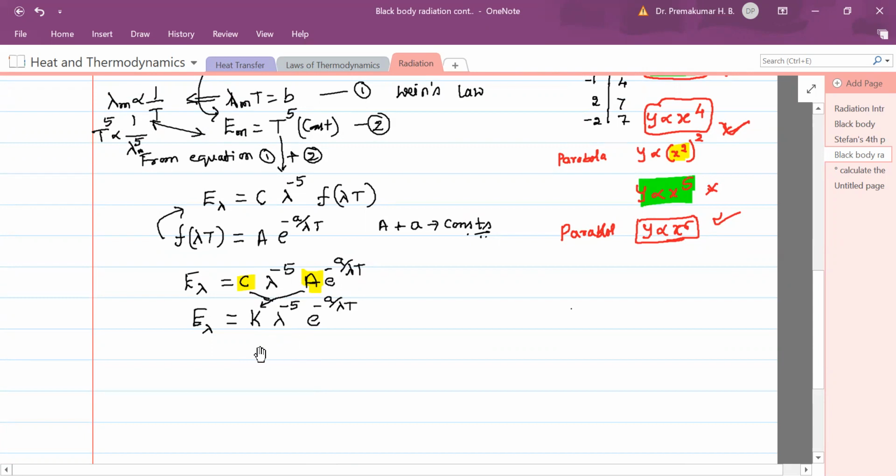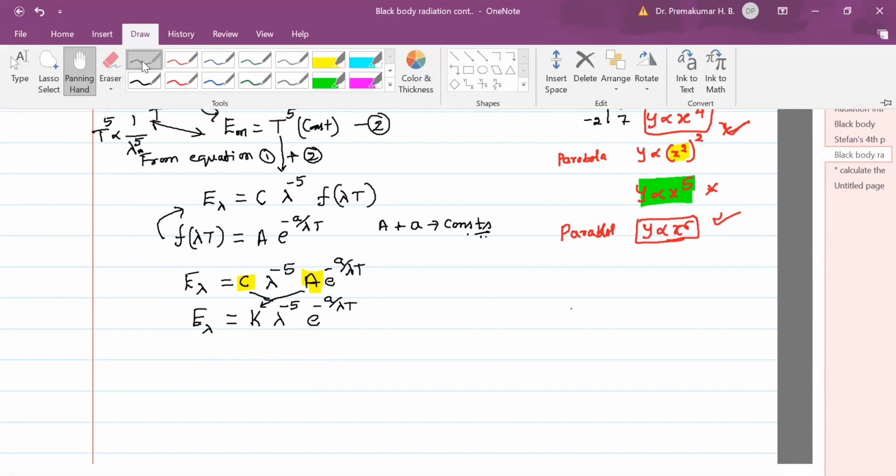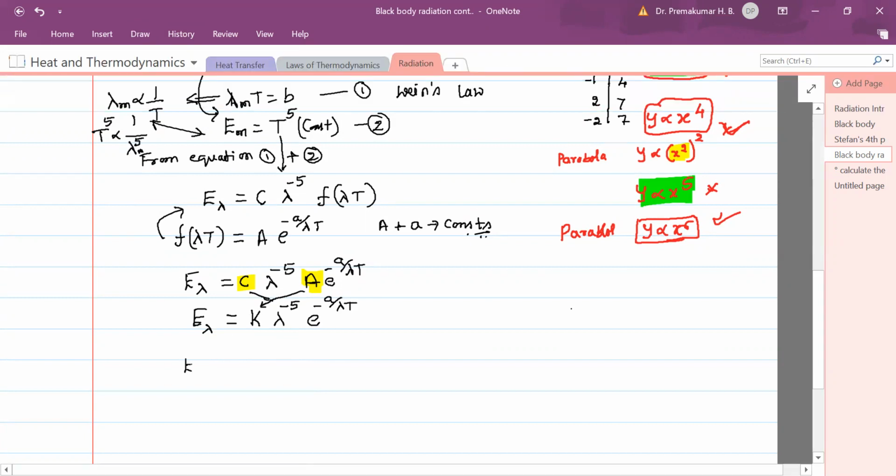So now, since only wavelength is there, we multiply both sides by the d lambda range. So E lambda d lambda: for that range, what is the energy distribution for a range of wavelength?